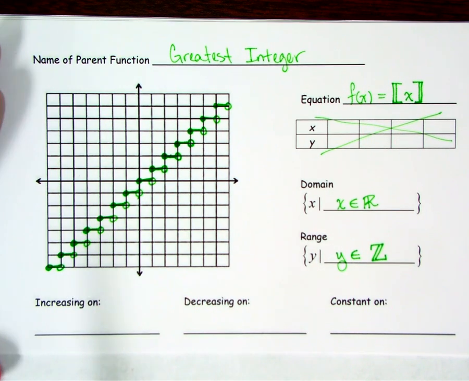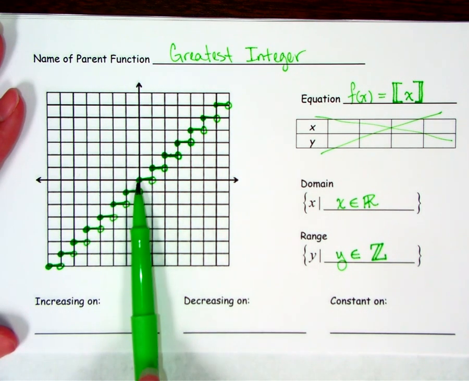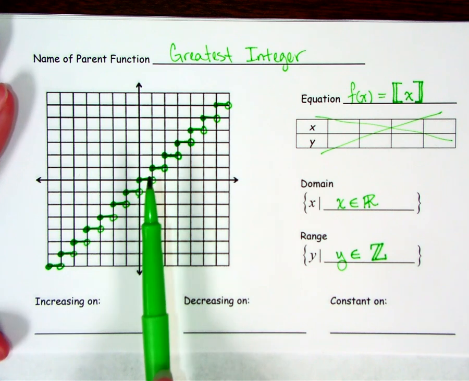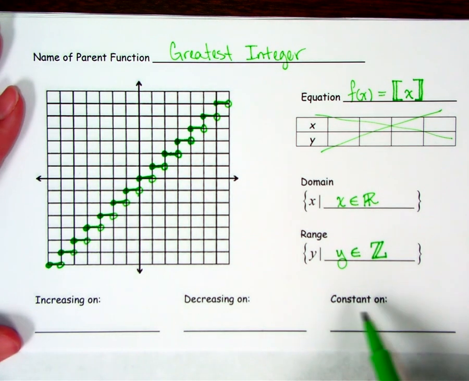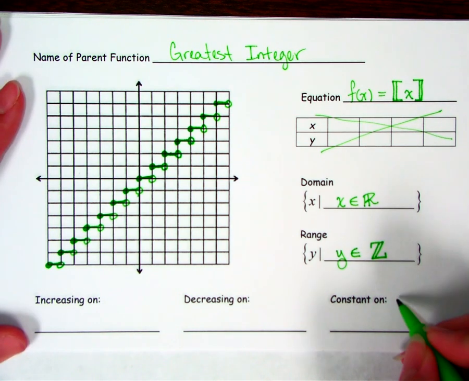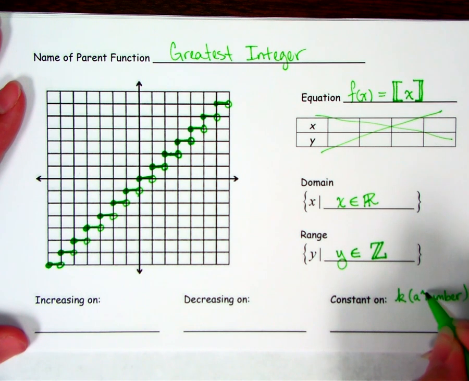So I need to find some way to indicate that it's going to be constant from this number to the next whole number. But then it's going to jump and be constant from the next whole number to the next whole number. And this is all constant, so I'm going to be writing this over here. I'm going to use k to represent a number, specifically a real number.